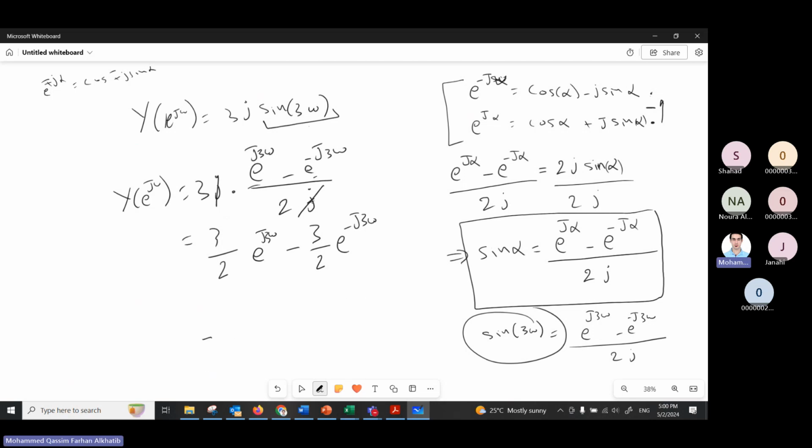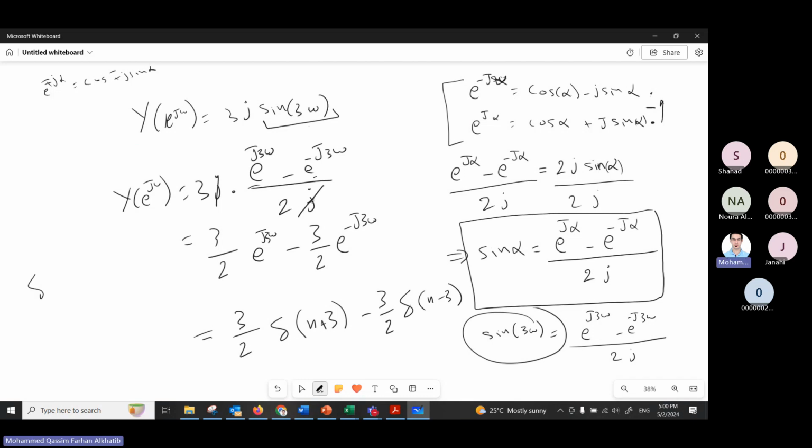And for each one of them, I can easily find it. So I have shifted versions of delta. It's going to be 3 over 2 delta of n minus 3 minus 3 over 2, and this one is plus 3, delta of n plus 3.